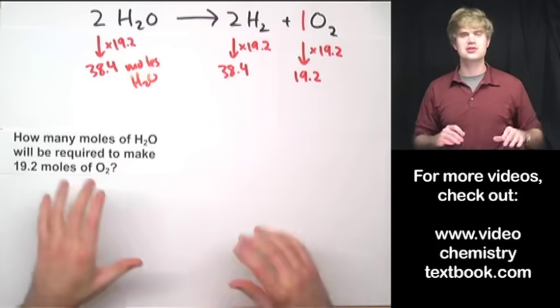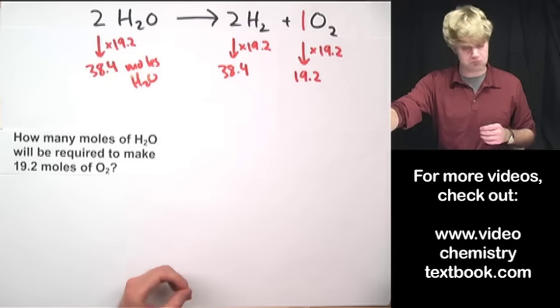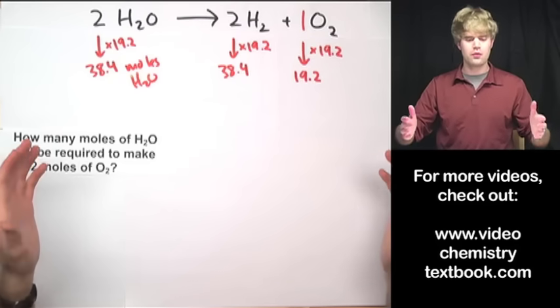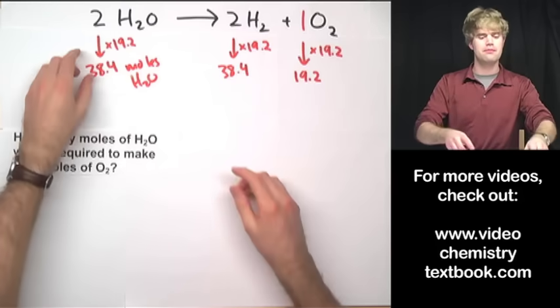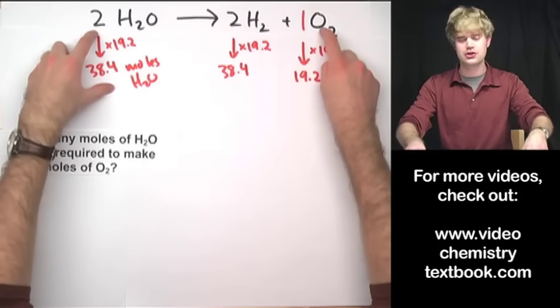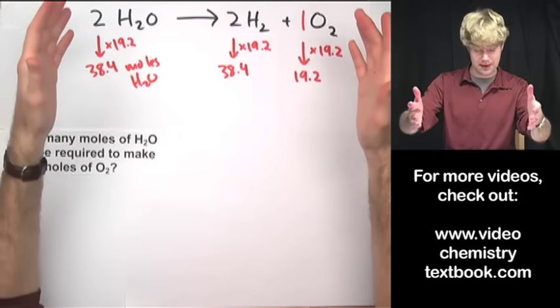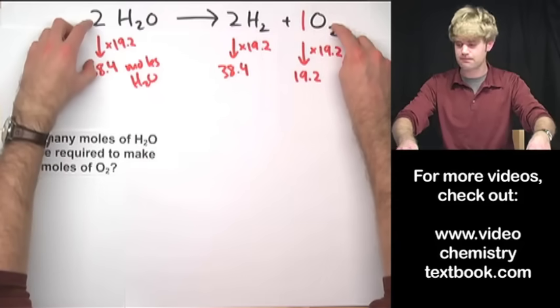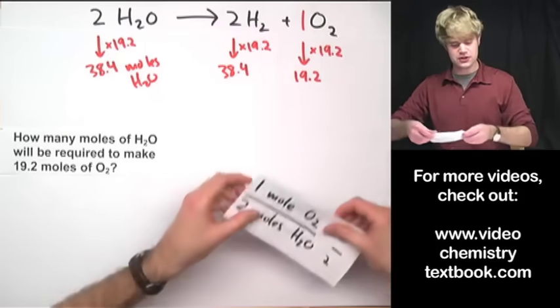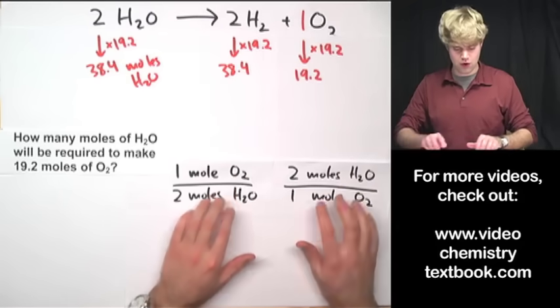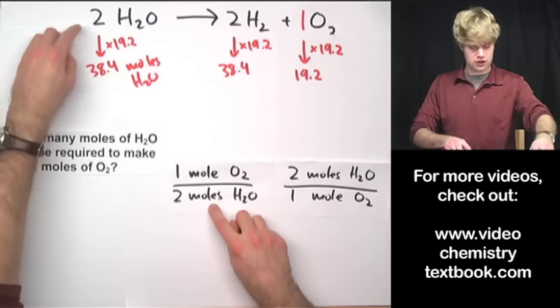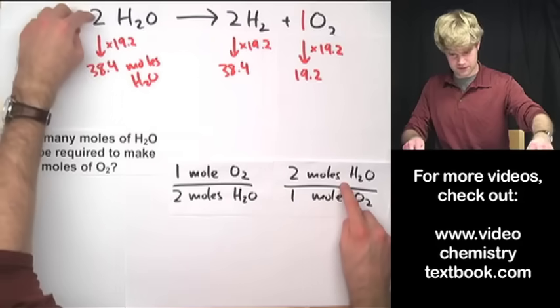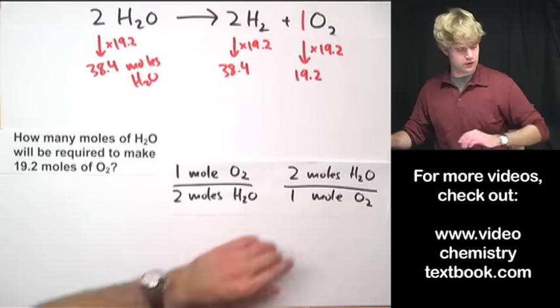Okay? Now let's look at the conversion factor method. Just as before, we realized that the relationship between water and oxygen by using the chemical equation here is 2 of these to 1 of these. So we can get these 2 conversion factors. We have 1 mole of O2 to 2 moles of H2O, or 2 moles of H2O to 1 mole of O2.